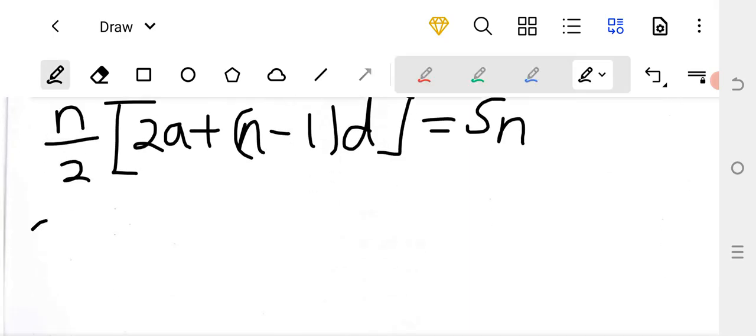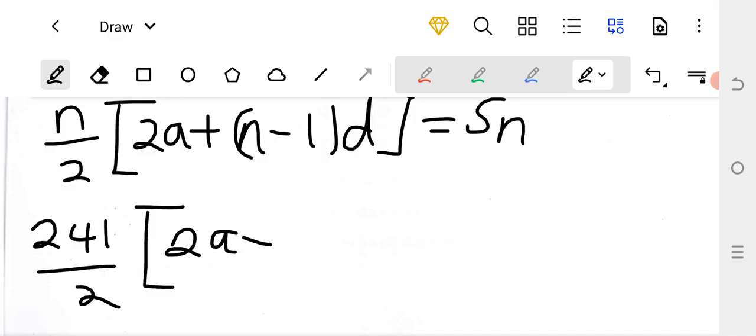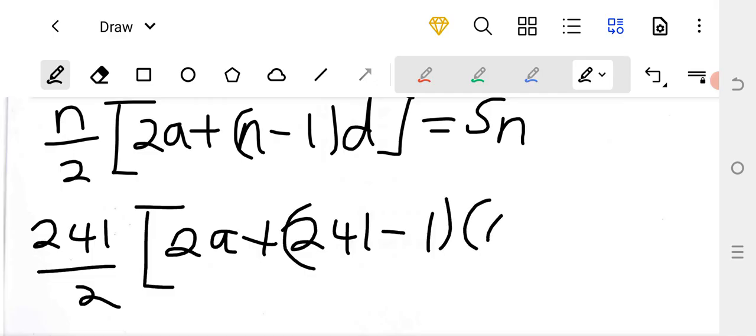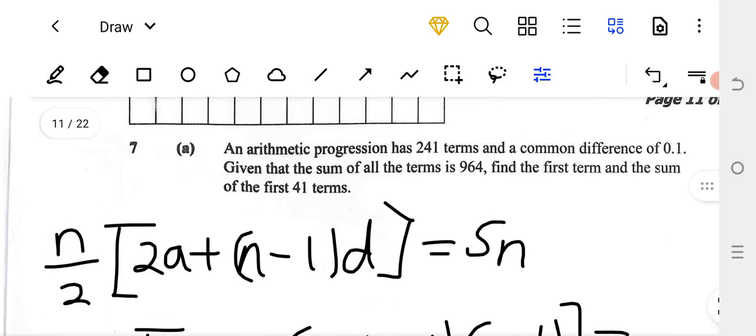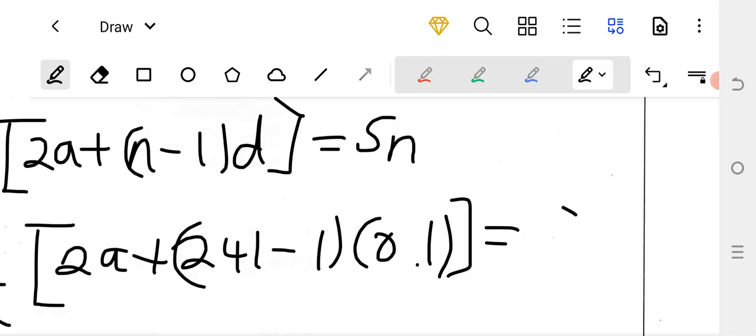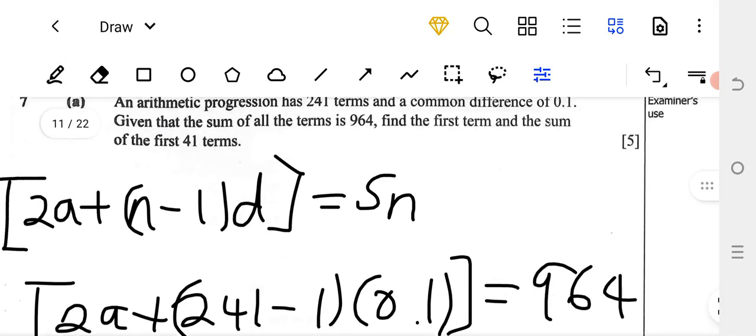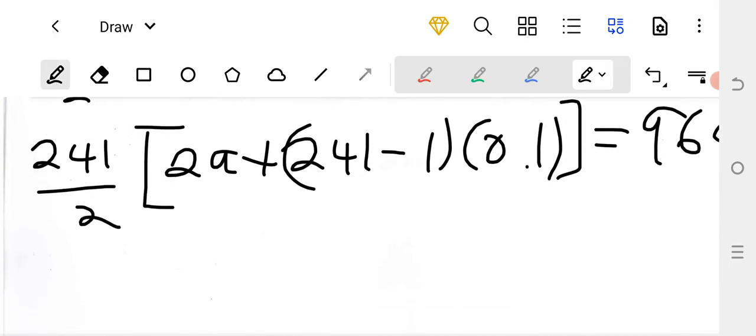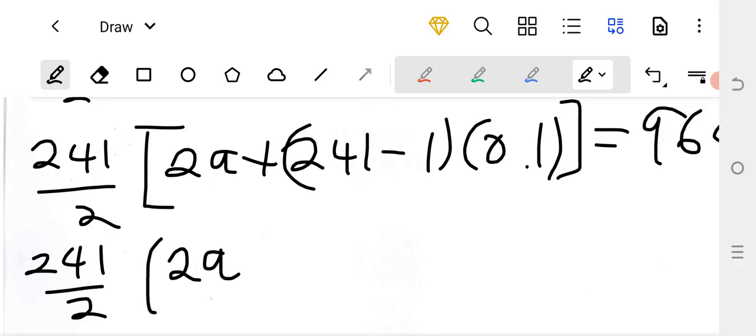And then we have been told that there are 241 terms. 241 divided by 2 multiplied by 2a plus (241 minus 1) multiplied by d, which, if you read in the question, was 0.1, is equal to what? 964. So we are going to have 241 divided by 2 multiplied by 2a, then 241 minus 1 is 240. 240 multiplied by 0.1 is the same as saying 240 multiplied by 1 over 10.